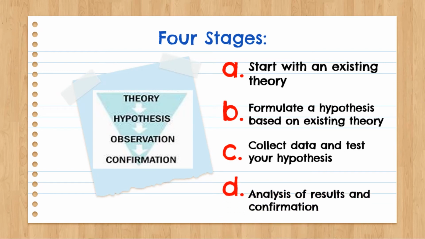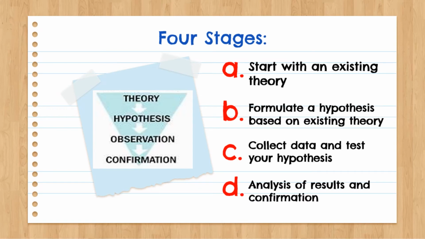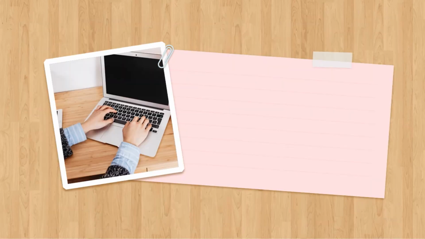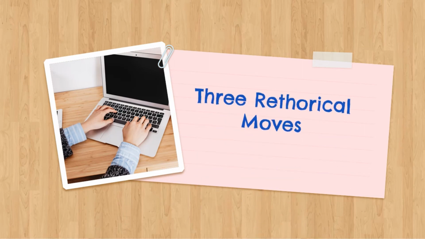And lastly, analysis of results and confirmation. All of this section that I've discussed with you in introduction is needed for the purpose of reference for the next discussion that we're going to have, which is, now I'm going to discuss with you the 3 rhetorical moves that can be used in writing an introduction.